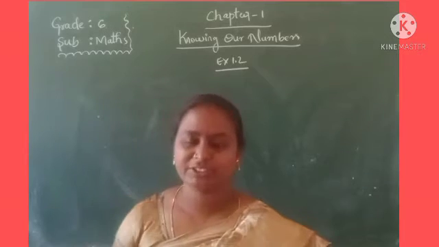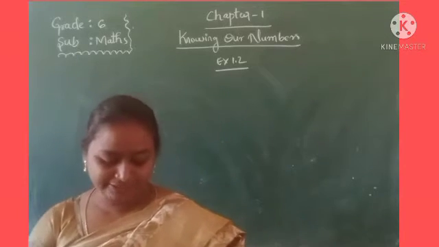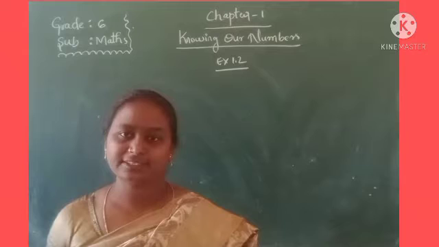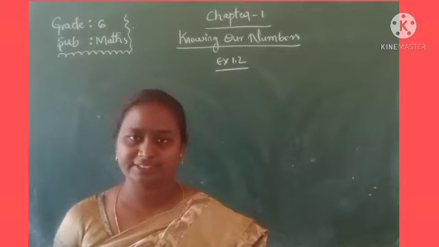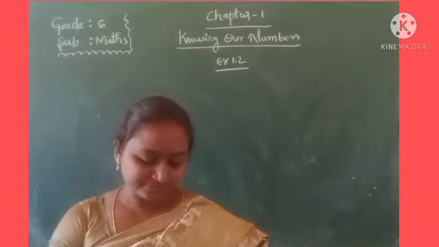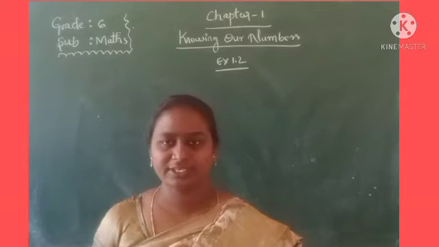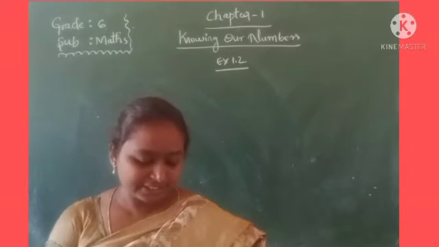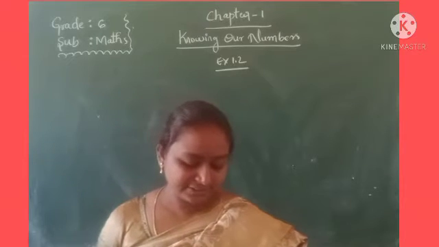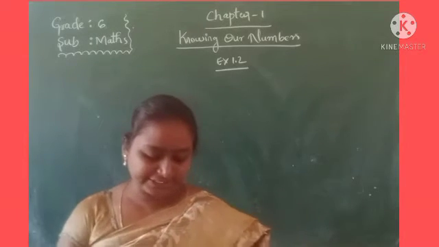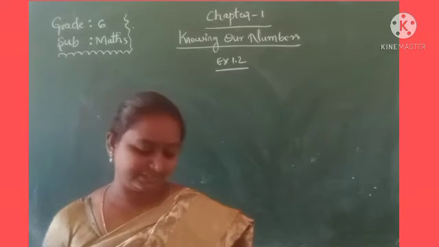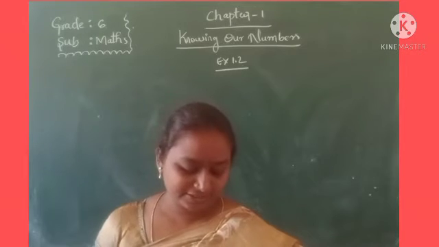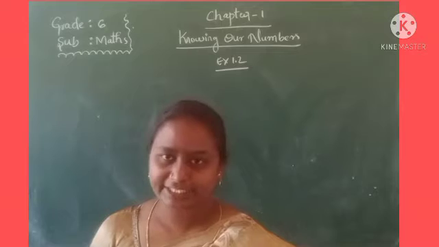Here the question is giving information about the book exhibition that was held at the school. How many days was it held? 4 days. On the first day, the number of tickets sold at the counter was 1094. On the second day, the number of tickets sold was 1812. On the third day, 2050 tickets were sold.